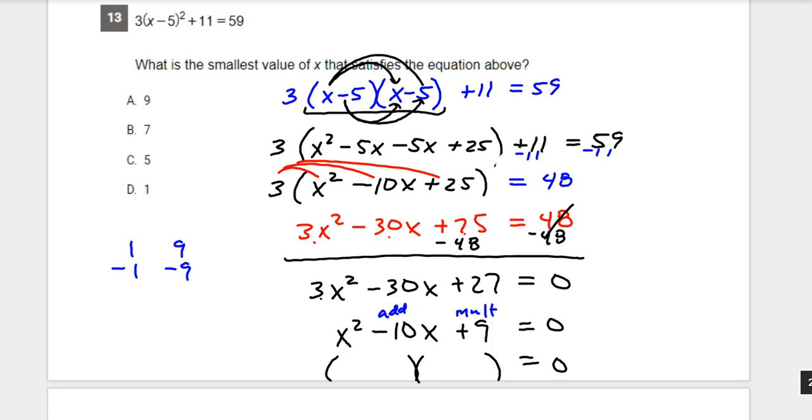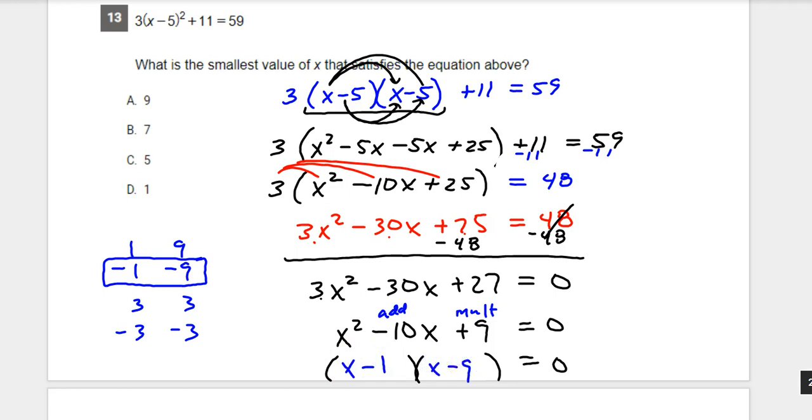And also 3 and 3, or negative 3 and negative 3. Those are the only combinations that multiply to make positive 9. Well, out of all these, the only ones that add to make negative 10 are right here. So I have x minus 1 and x minus 9.